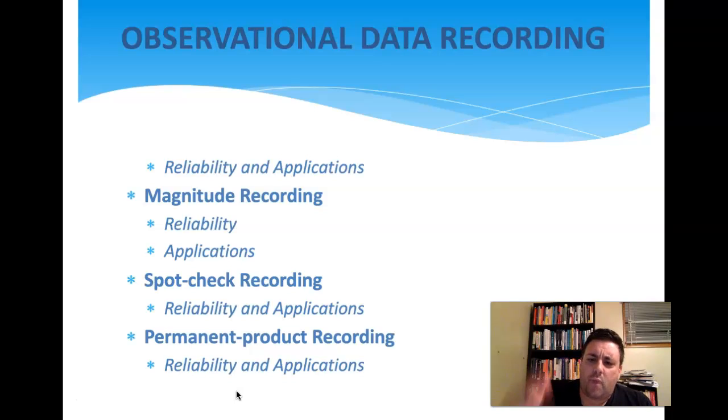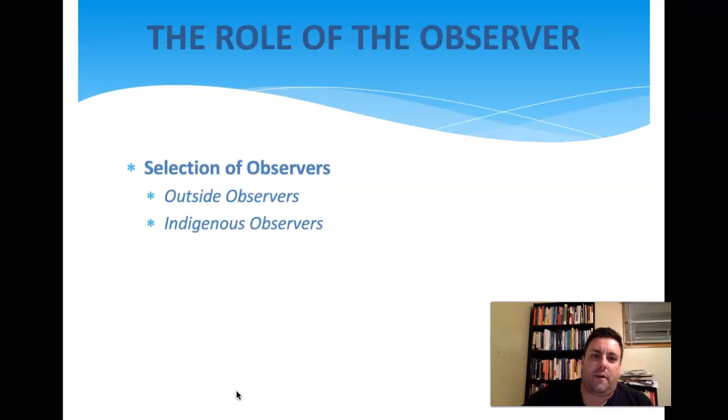Another way to do a live action spot check would be, a social worker checks a classroom periodically, maybe at random every hour or something like that, just to check on a student. Again, it depends on what the research question is.